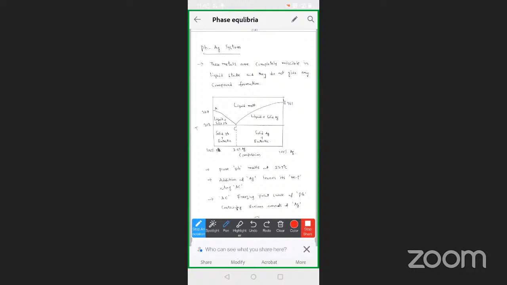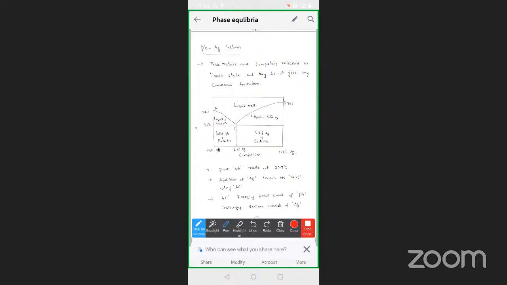Yes, anything you want to ask? Okay, ఈ రెండు మెటల్స్ ఒకదానితో ఒకటి మిసిబుల్ అవుతాయి, but they do not give any compound. Physically they are miscible with each other. Chemically they cannot react, they cannot form a compound.